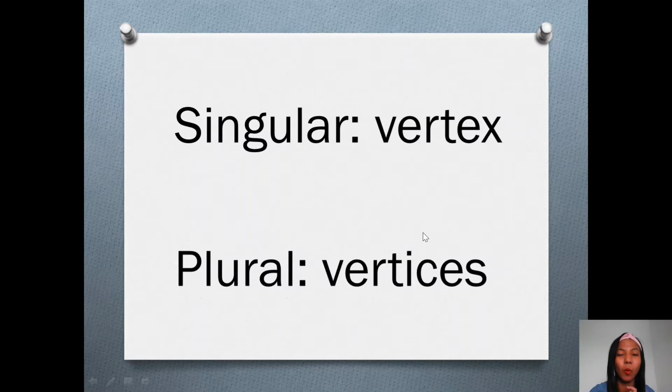If it's more than one, many vertices, it is in this form, vertices. Everybody say vertex. Everybody say vertices. So again, vertex for only one and vertices for more than one point.